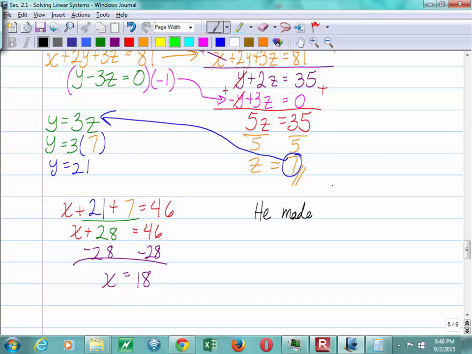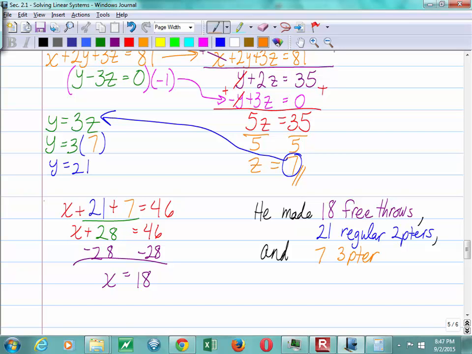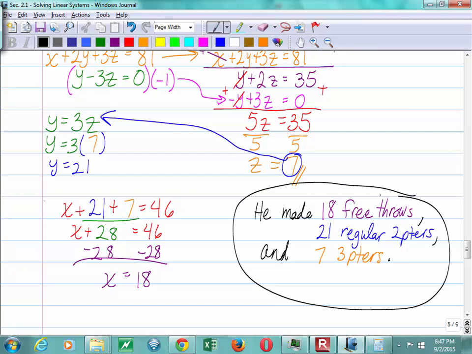He made 18 free throws and 21 2-pointers and 7 3-pointers.